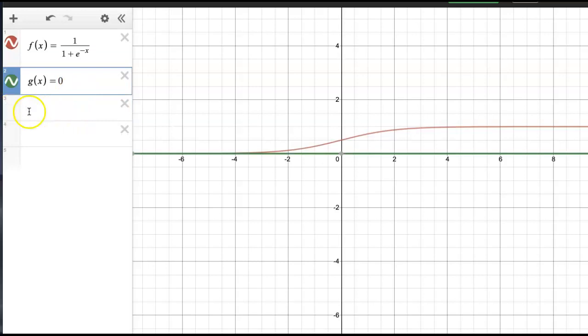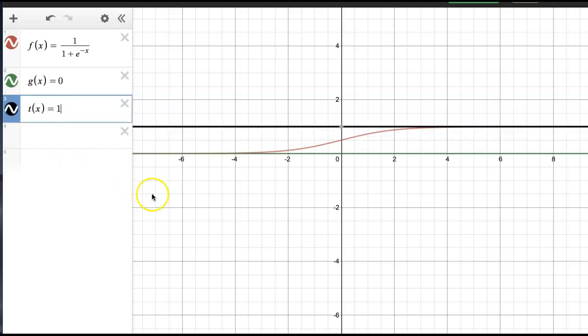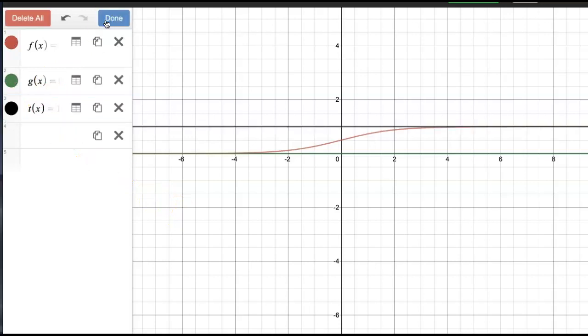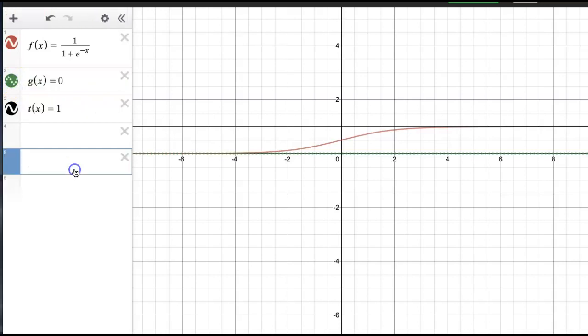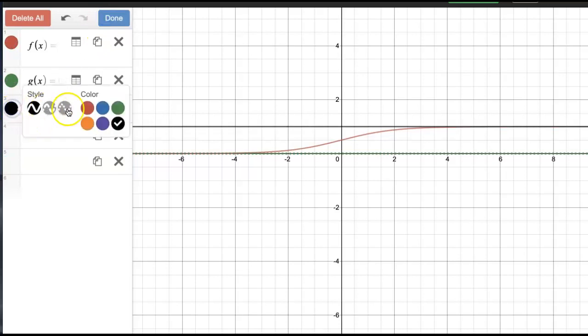And we could say here t of x is equal to 1, let's say. So you can kind of see your horizontal asymptotes if you want. You could put dotted lines, you could pick your style there if you want to make it look more like an asymptote, we can do that.